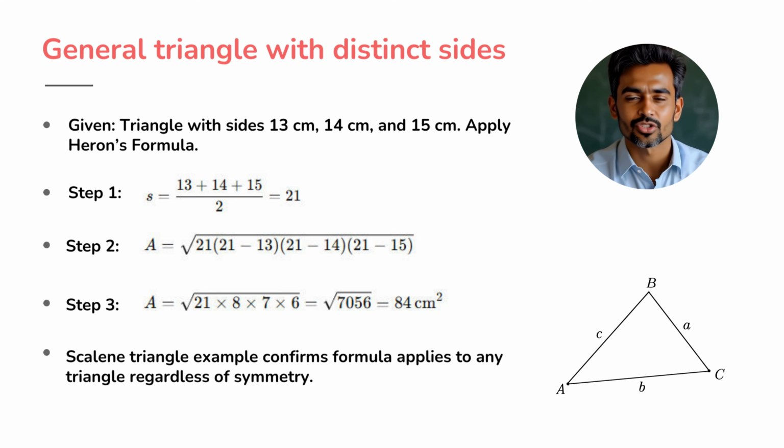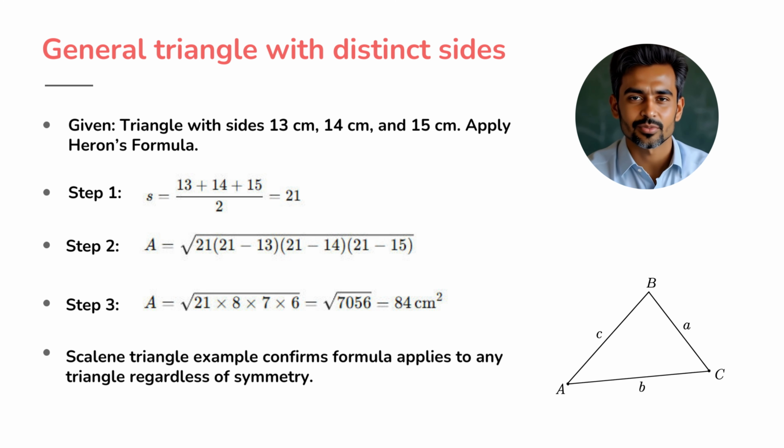So area equals square root of 21 times 8 times 7 times 6. Calculating the product. 21 times 8 equals 168, times 7 equals 1176, times 6 equals 7056. Finally, area equals square root of 7056, which comes to exactly 84 square centimeters.